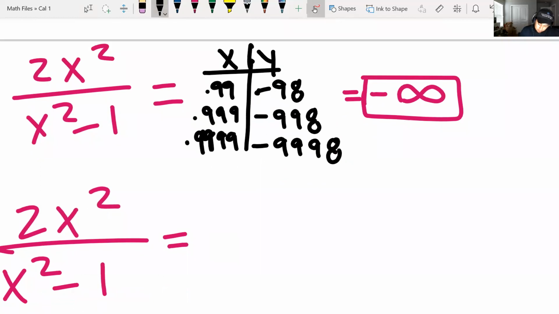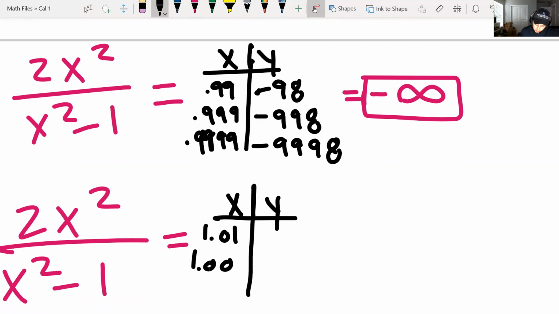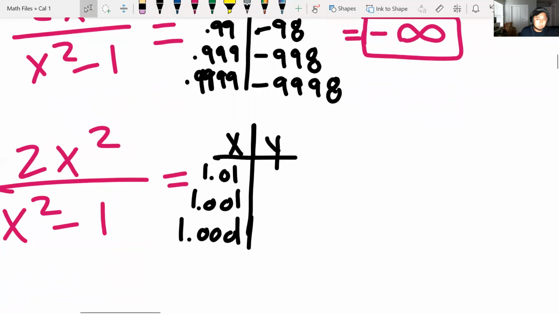All right. And then an XY chart for numbers to the right of 1: 1.01, 1.001, 1.0001. Pick more numbers if you don't believe it. Add more zeros in there, right?